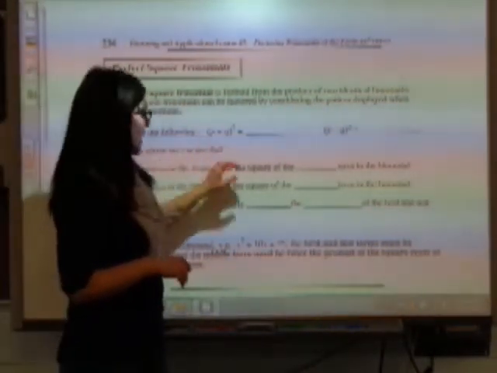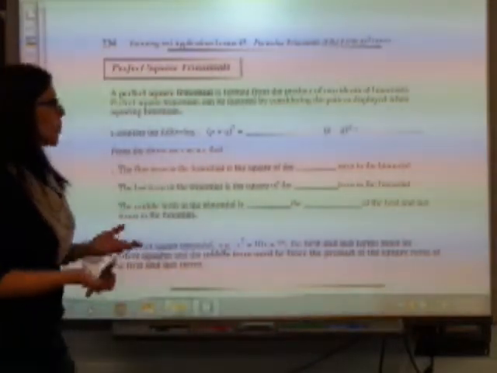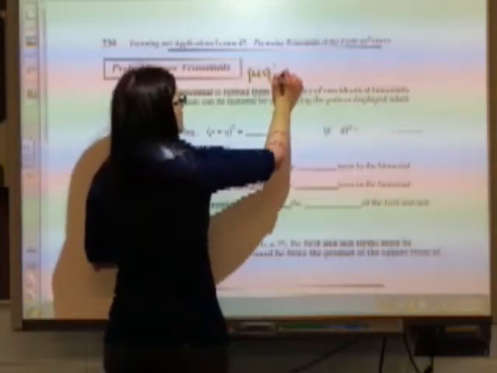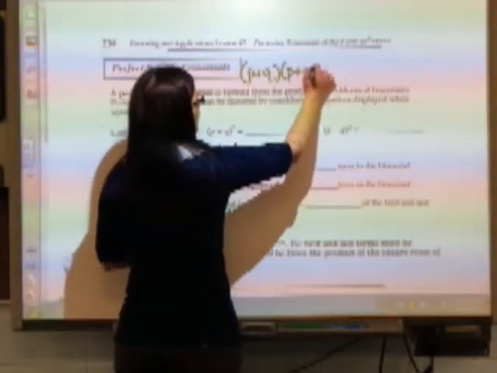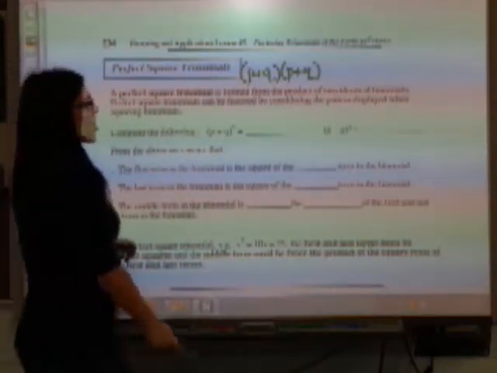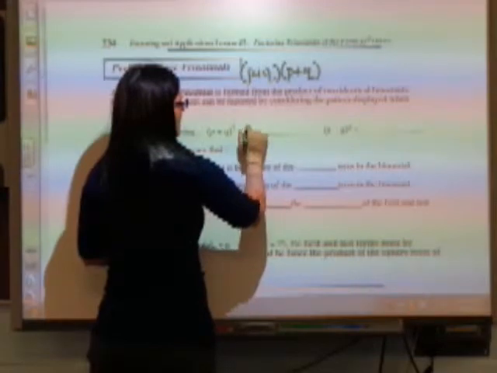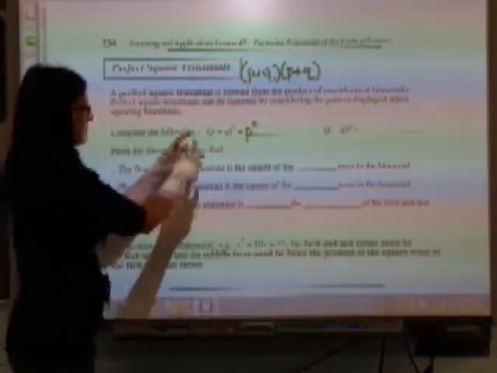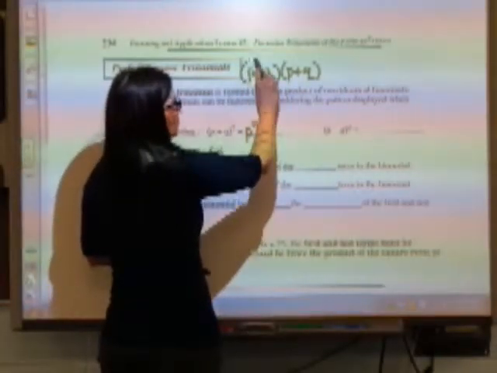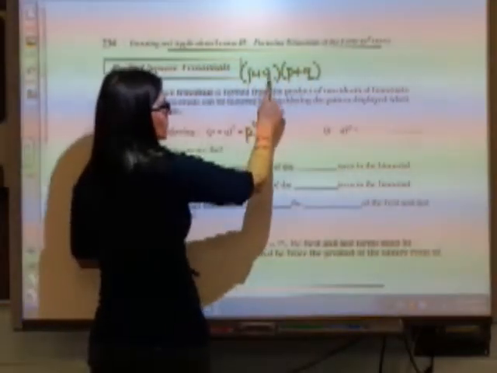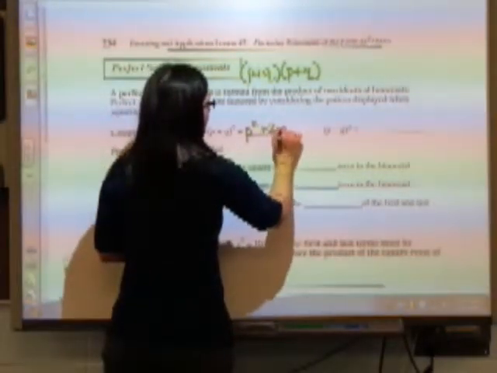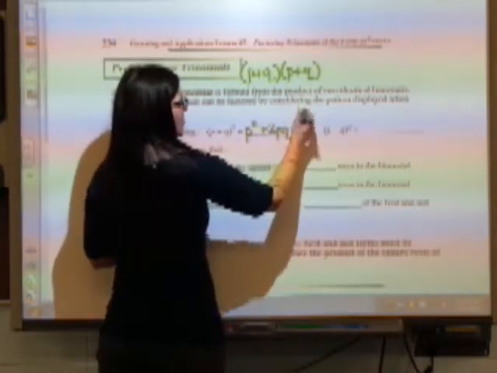So if I take a look at p plus q squared, that means p plus q times p plus q. So when I go to expand this out and use the distributive property, I get p times p, which is p squared, then I get my outside, which is a PQ, my inside, which is another PQ, so now I have two of them, and then my last term, the Q squared.